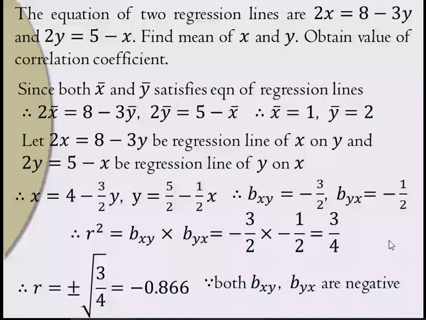So how do you solve this problem when two regression lines are given? Take one equation as x on y, make the coefficient of x 1, and whatever the coefficient of y is, take it as bxy. Take the other equation, make the coefficient of y 1, and whatever the coefficient of x is, take that as byx. Take the product of these two and its square root.